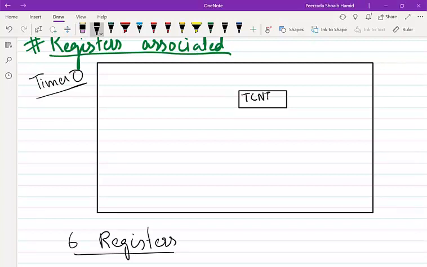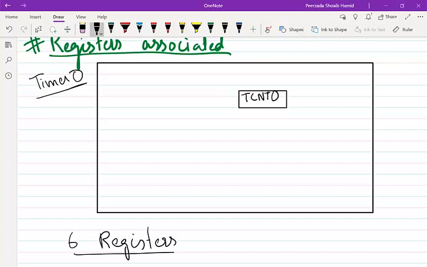TCNT, and for timer 0 we call it TCNT0. This will be present in each timer, and in timer 0 it will be 8 bits, but in timer 1 it will be 16 bits. TCNT0. In case of timer 1 it will be TCNT1, and in case of timer 2 it will be TCNT2.